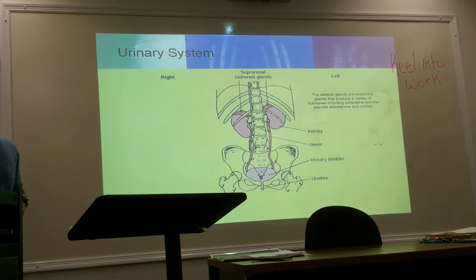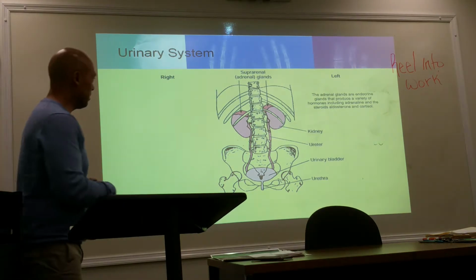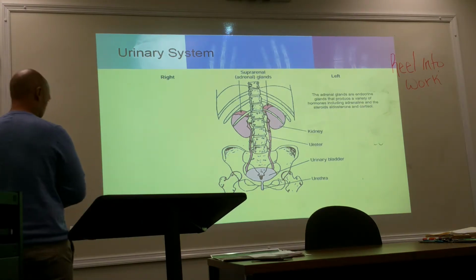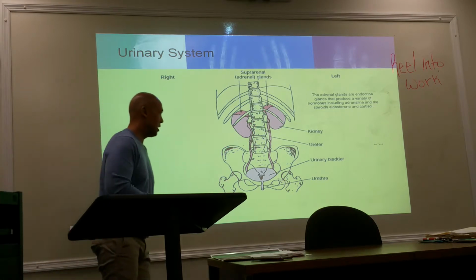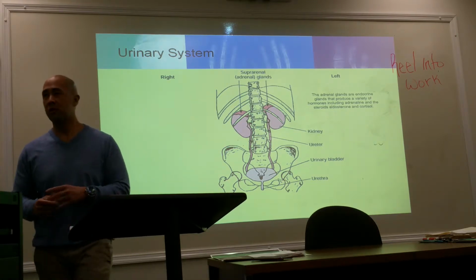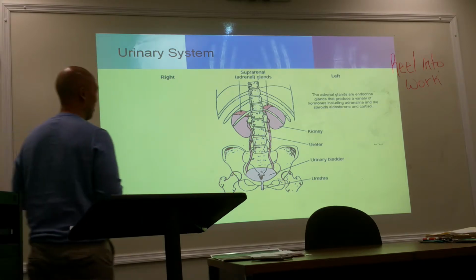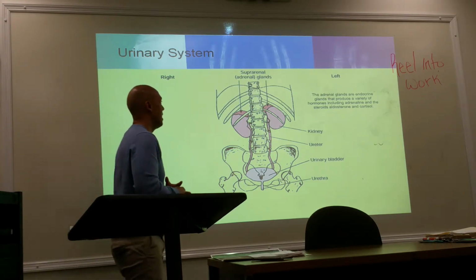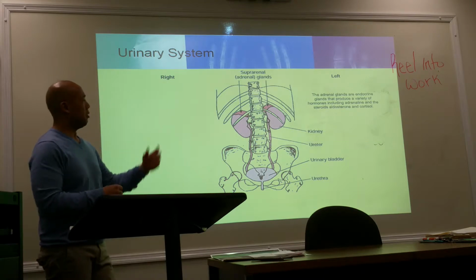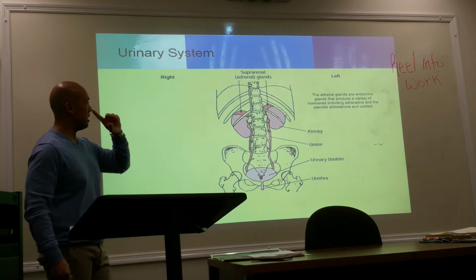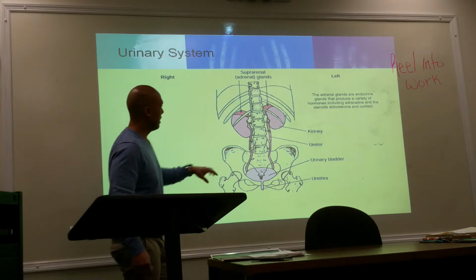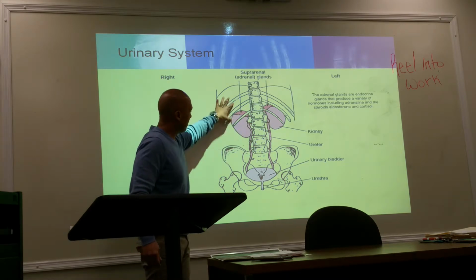All right, the urinary system. The urinary system is comprised of two kidneys, two ureters, one urinary bladder, and also the urethra. If you notice the orientation here with the kidneys and the ureters, the right kidney is going to be lower because of the liver.